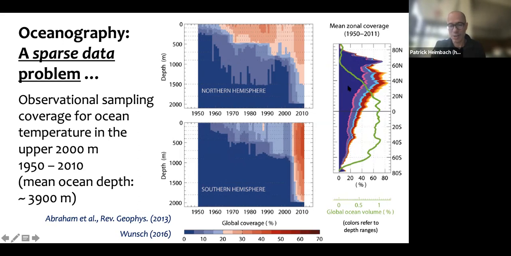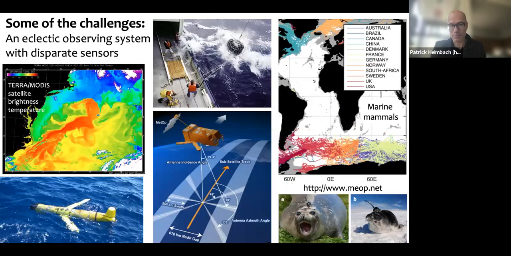So there is that mismatch still. The observing system as a whole, like part of the global ocean observing system, is rather eclectic. We have satellite data, like here, sea surface temperature. We have the CTD data that we have been having for many decades, gliders now coming online, and then elephant seal data. All of these data have very different variables that they sample.